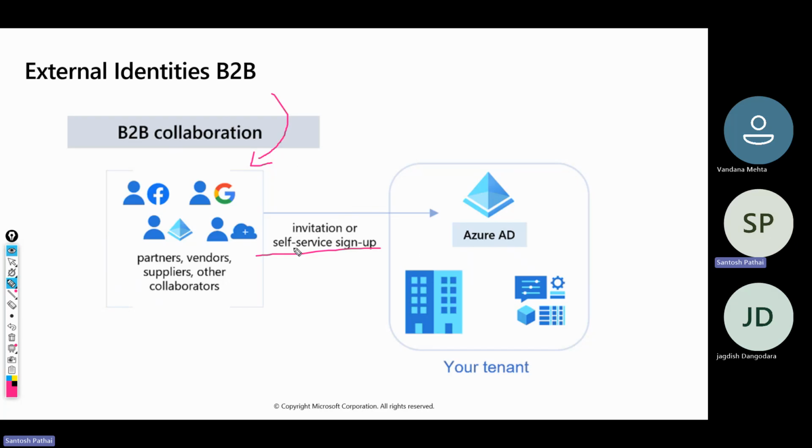Let's say we have a CA auditor company who are using G Suite. Their identities are on G Suite. We can integrate with our Azure AD, and they can log in with their identities to our Azure AD or Azure Portal and access the resources we have granted them access to. So that is the B2B collaboration service.